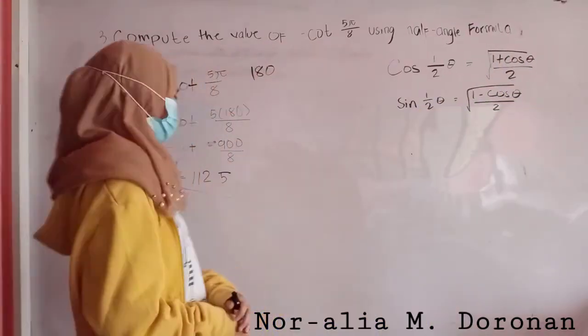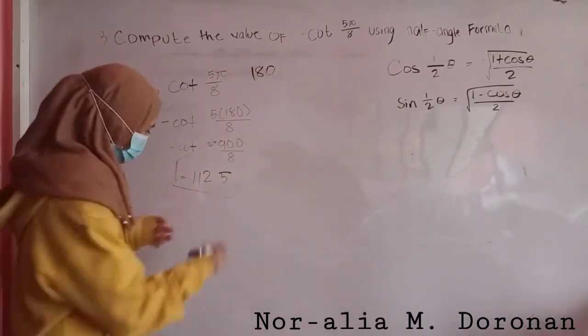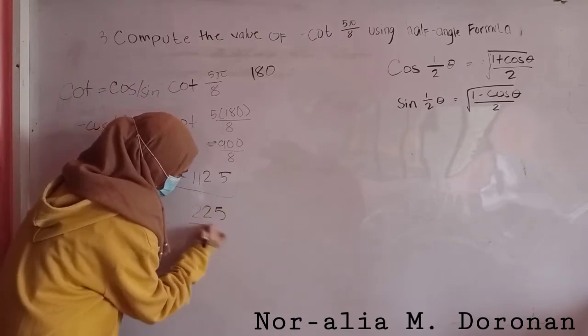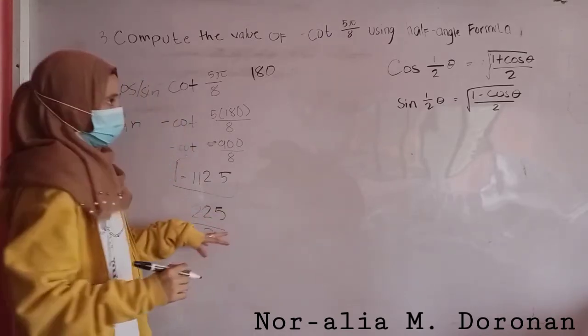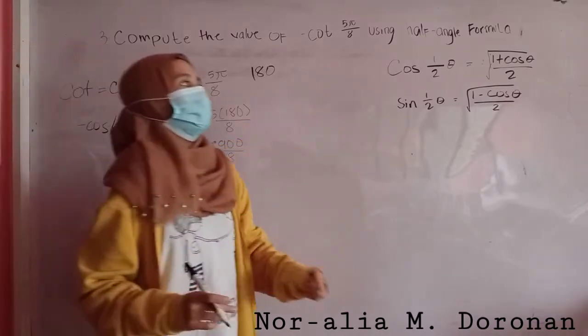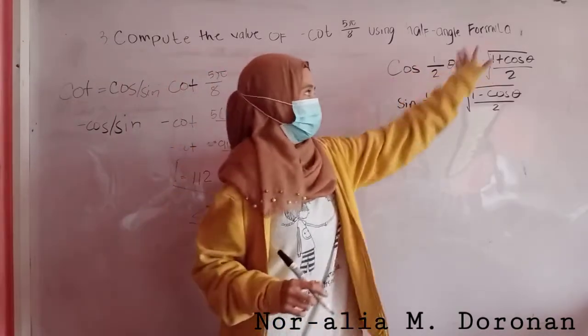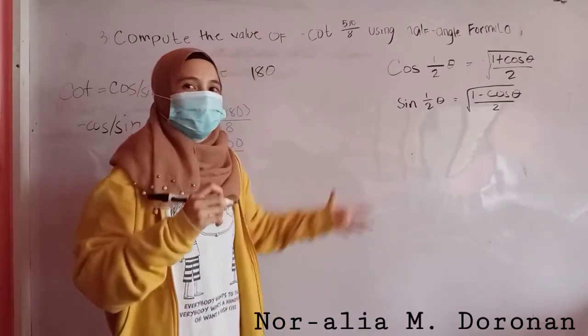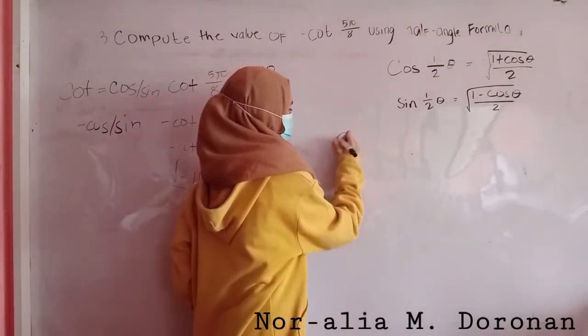So the fraction of this 112.5 is 225 over 2. To use the cos, we will combine this formula.